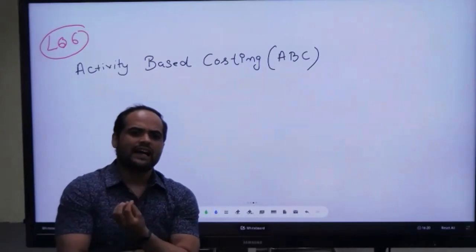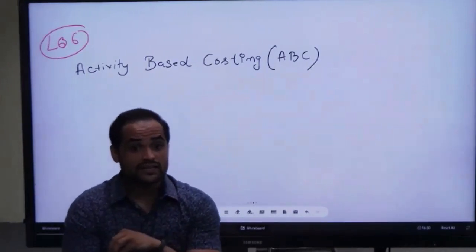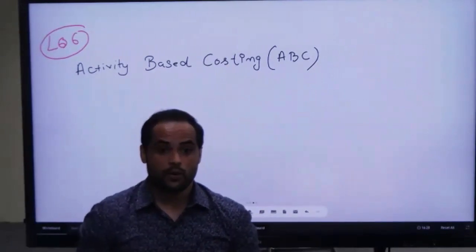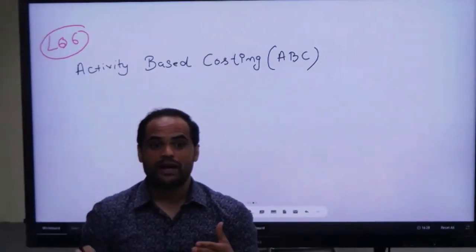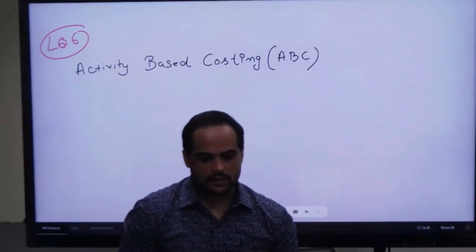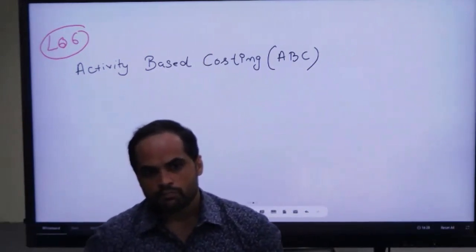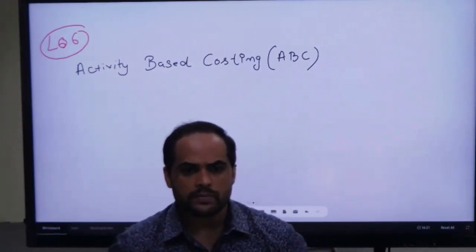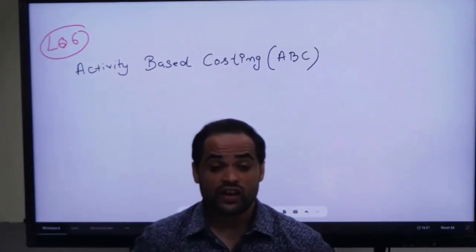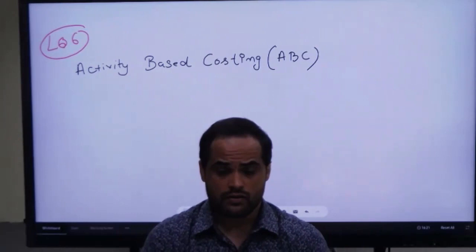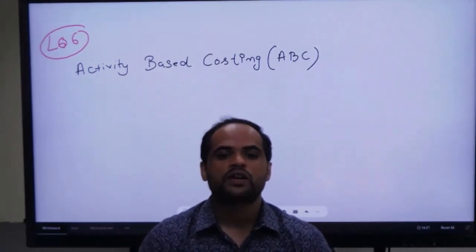Activity means any kind of action or event that is involved in producing the product, but that involvement is indirect, right? So what does it mean? It means when we are producing a product, not only machine or labor hours are involved. We have some other kinds of activity which may be involved indirectly in producing the product.